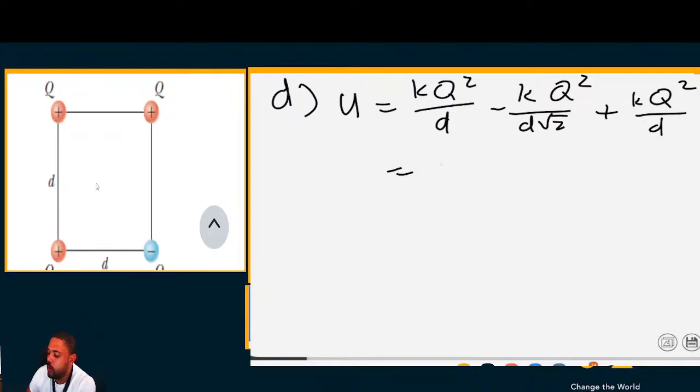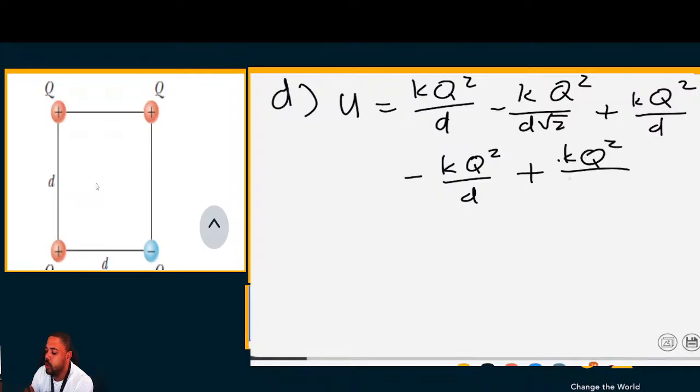Moving on, we have negative kq squared over d, and then positive kq squared over d square root 2, and then finally between those two it's going to be negative kq squared over d.